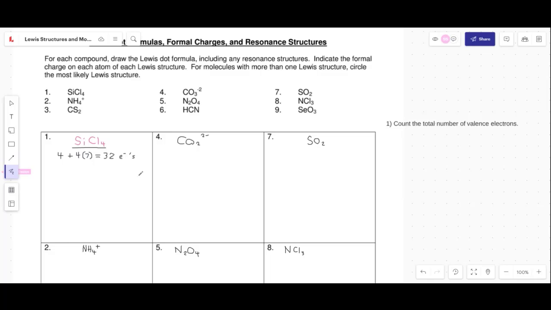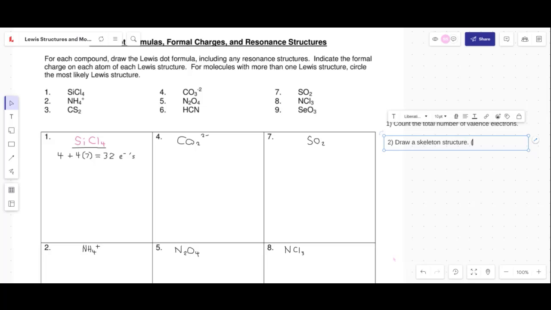So now what I'm going to go ahead and do is step number 2. I will draw a skeleton structure. So what is a skeleton structure?